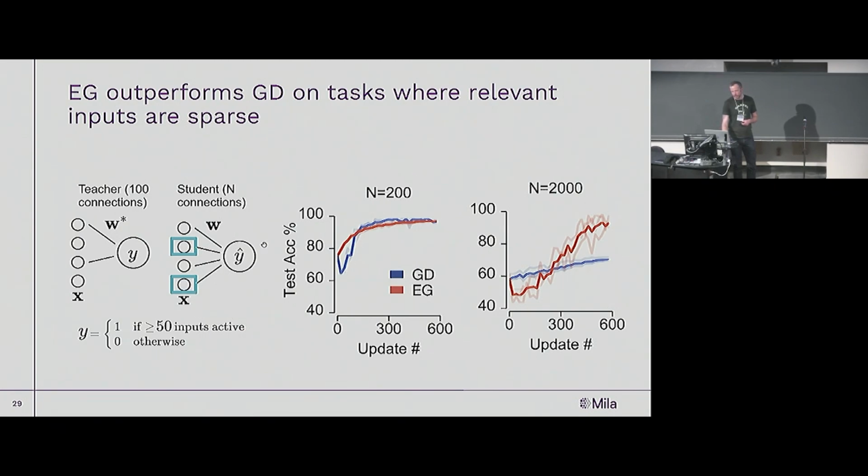So here, we have n inputs and only 50 of them are actually relevant. As we increase the number of inputs, what we see is that at first, gradient descent and EG are roughly the same, but in learning this simple regression task, EG is much better when we have a huge number of irrelevant inputs. So here, 2,000 inputs with only 50 of them being relevant to the task.